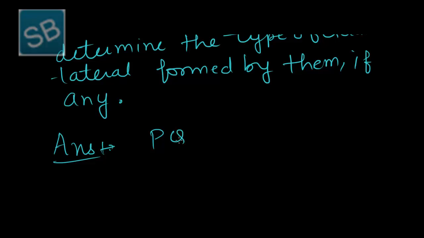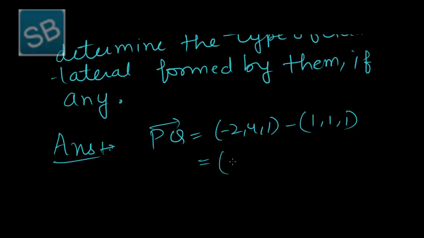First we will find the position vector of PQ. Then we can check whether they have the same direction or are parallel or not. So vector PQ is the position vector of Q, that is minus 2, 4, 1, minus the position vector of P. That gives vector PQ, which becomes minus 2 minus 1, minus 3, comma 3, comma 0.